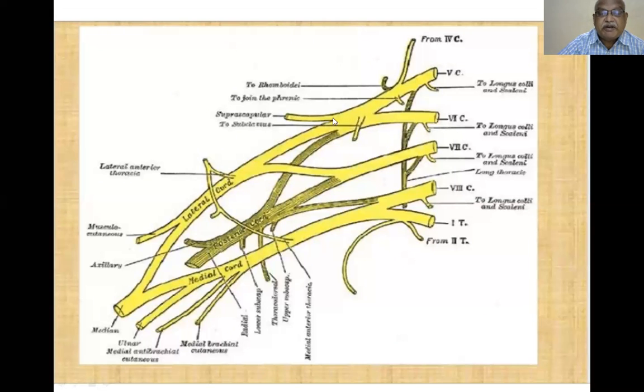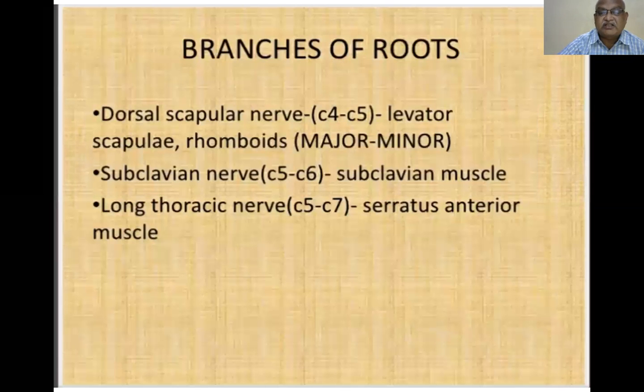This is the nerve to subclavius, this is the suprascapular nerve. This is the upper trunk, which divides into anterior division and posterior division. So this junction is called Erb's point, and injury in the Erb's point causes Erb's paralysis.